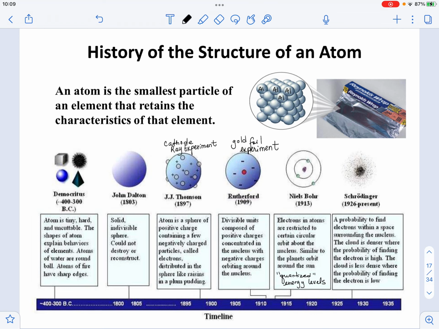Through the cathode ray experiment, he discovered that atoms could be shaped like a sphere that has positive charge and contains a few negative charges. So J.J. Thomson was the scientist that discovered the existence of electrons.